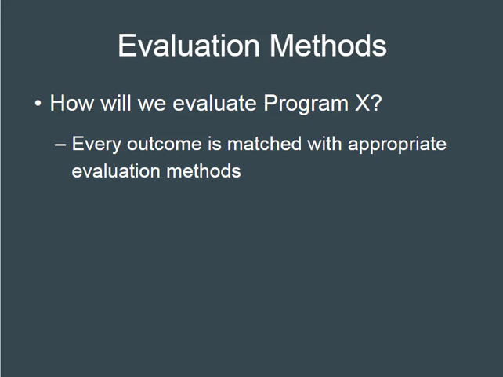We need to think on the front end about how we're going to evaluate a particular outcome or program. What data sources do we need to assess each outcome, and what levels of analysis are appropriate for each of those data sources, so there's a match from outcome statement to data collection to data analysis?